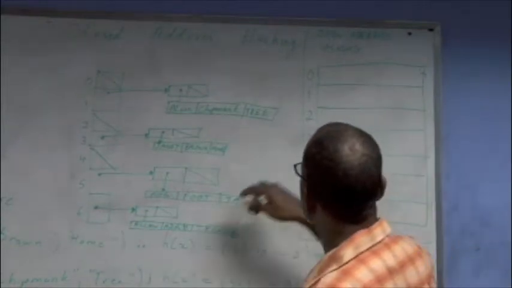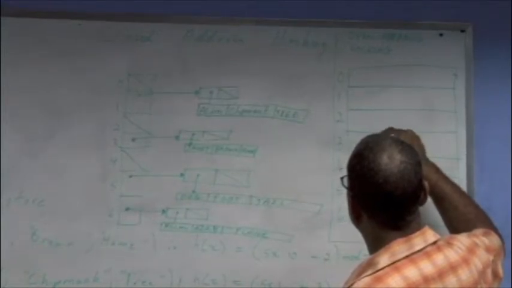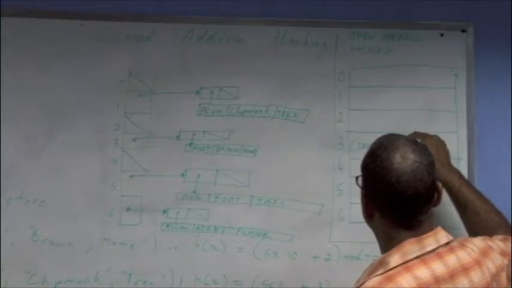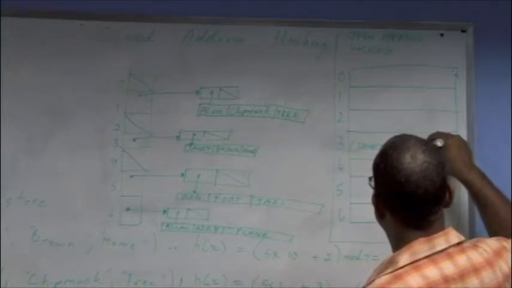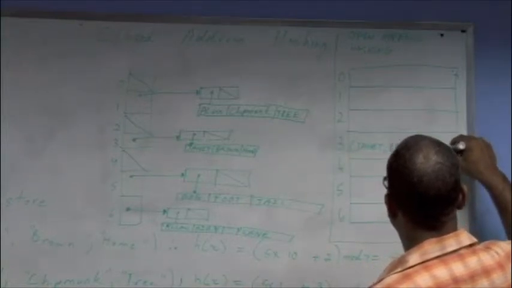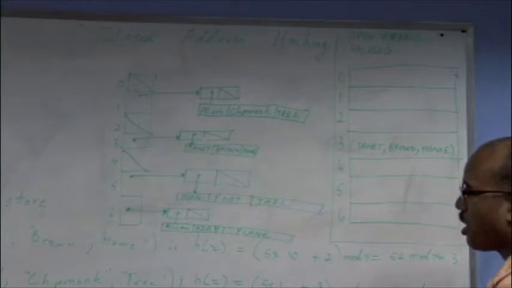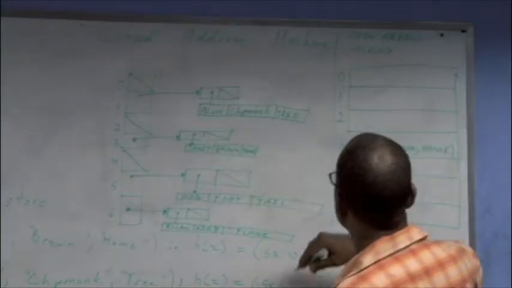So when we're putting in the first item, Janet Brown home will go to address 3. So you put your data there. Then we have Alvin Chipmunk 3 in address 1.